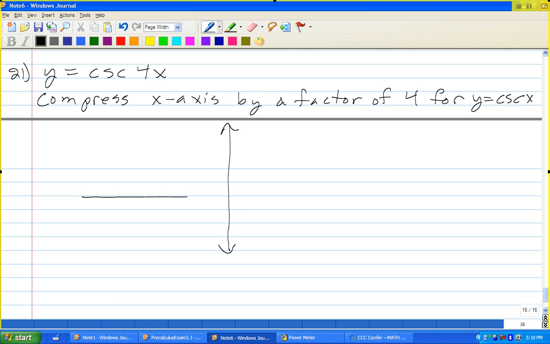Okay, so pi, and let's do minus pi. Okay, I'll put in some other things, so minus pi over 2.